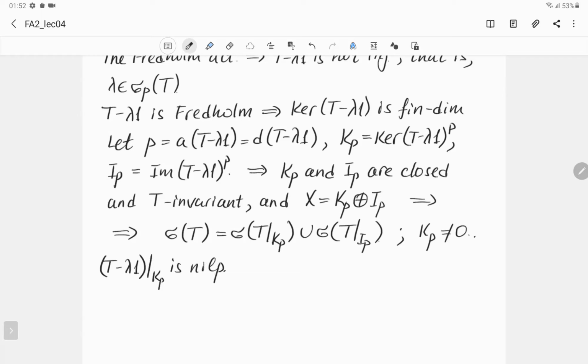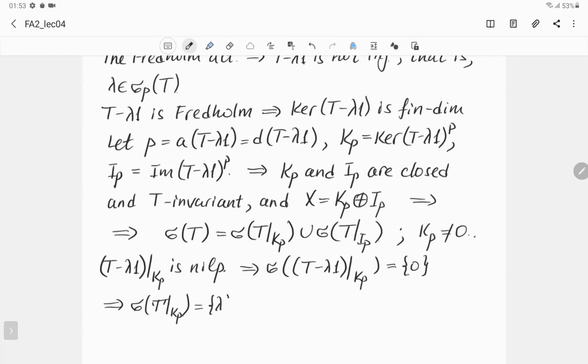And the spectrum of a nilpotent operator on a non-zero space is zero. So the spectrum of T minus lambda restricted to Kp is zero. So the spectrum of T restricted to Kp is lambda.